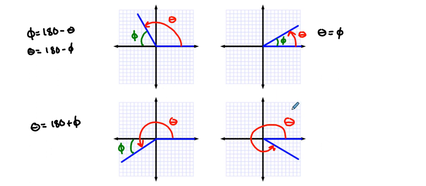That's my theta, and my phi value is always with respect to the x-axis. So this is my phi value here. And we can say, okay, so theta is going to be 360 take away phi. And that will give us the red theta value, which is the angle in standard position.